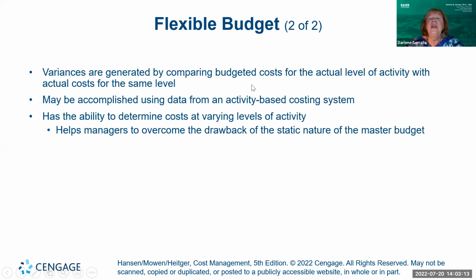Okay, then we will calculate the difference between actual cost and the budgeted cost at the actual level of activity. So we want to know if our production level were 10,000 units and we produced 12,000, do you think our variable costs would be greater than what we budgeted, or less, or the same?